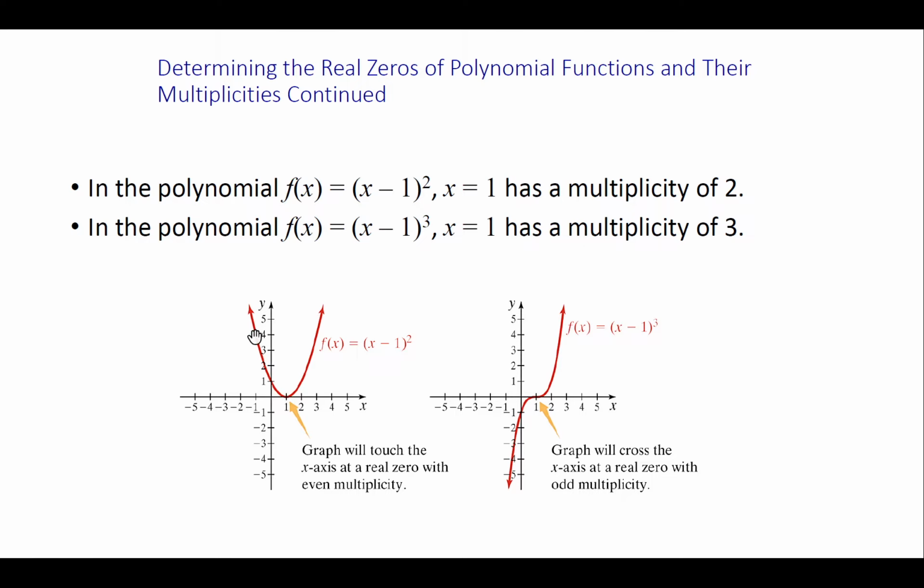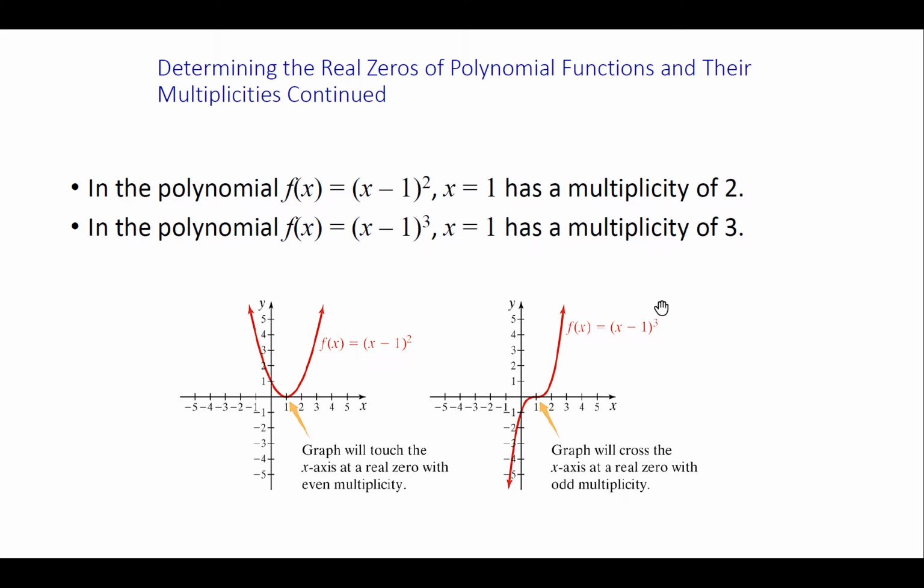Touches means, for example, here x minus 1 whole square is a polynomial, x equal to 1 is a 0, and since 2 is an even multiplicity, the graph comes here, touches that point, and goes back in the same direction. Touching means it will come from the left hand side to that point and go in the same direction.